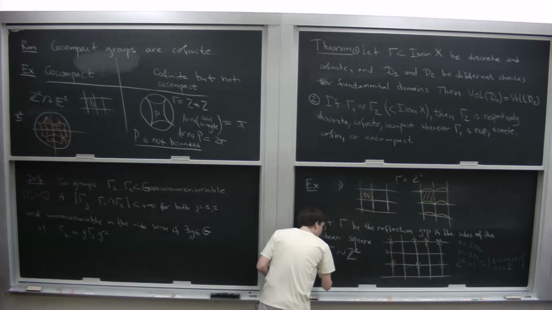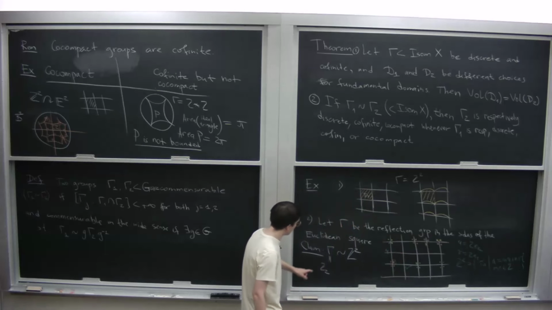It can be written as Z2, the cyclic group of order 2, right?